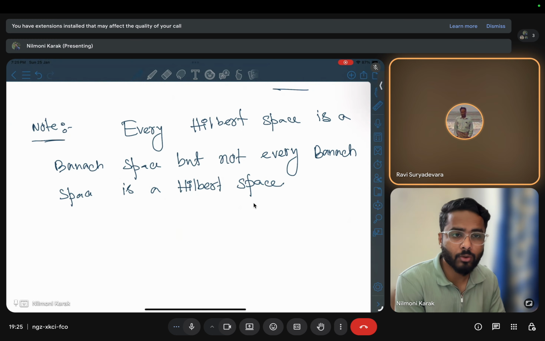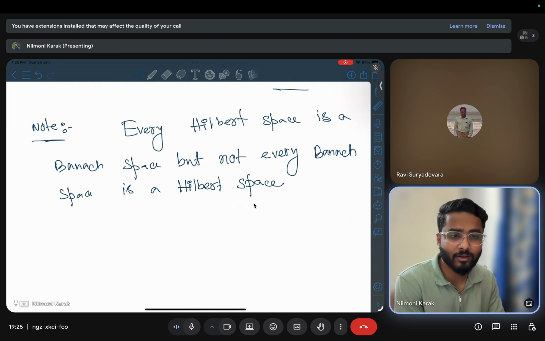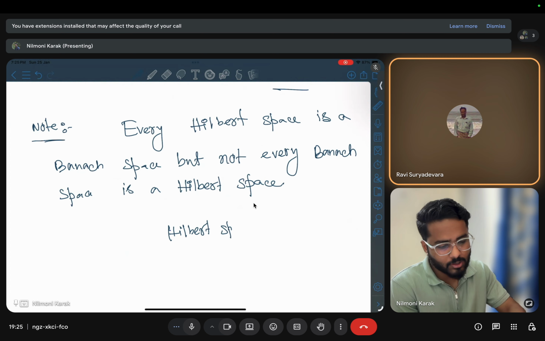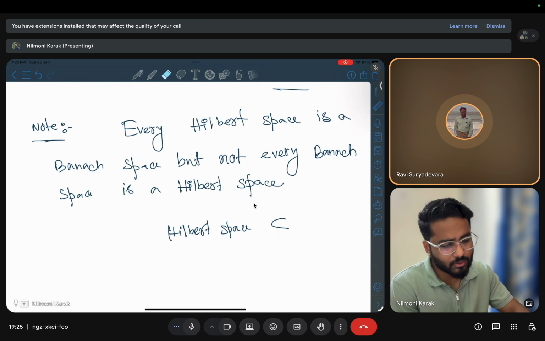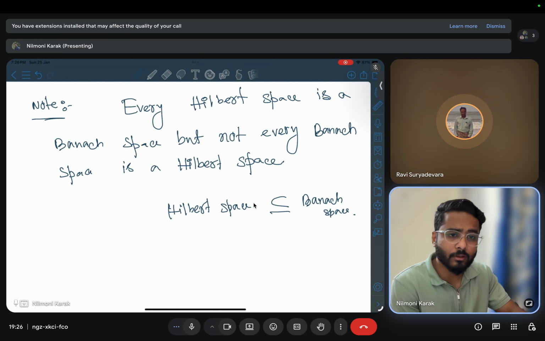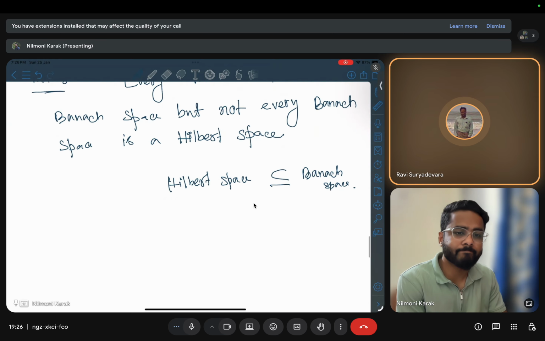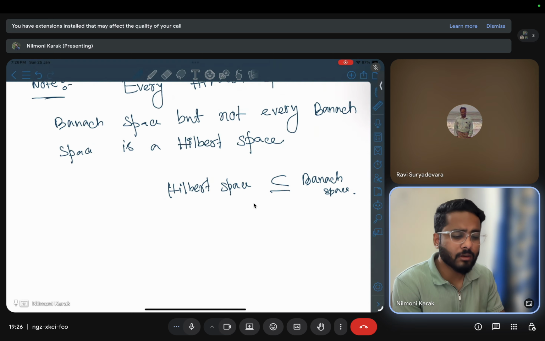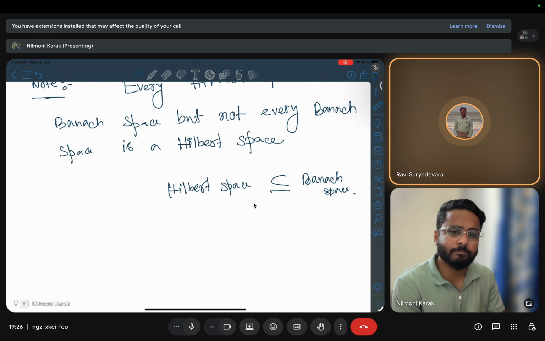That's why a Hilbert space is a subset, but not vice versa. Sometimes a Hilbert space can be equal to a Banach space.